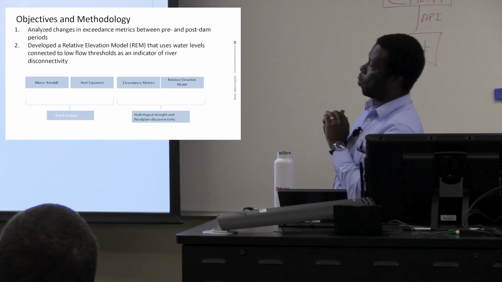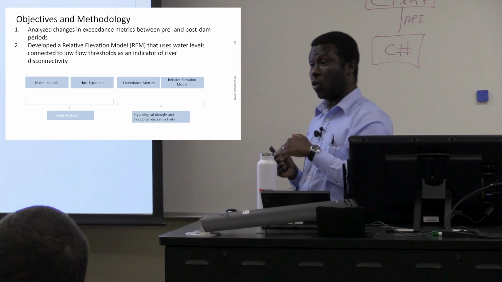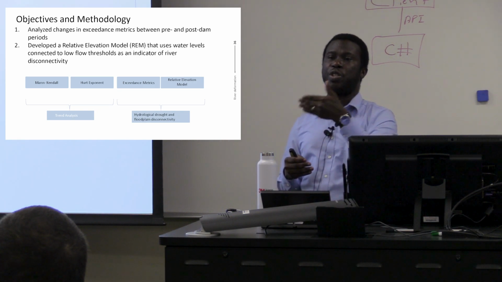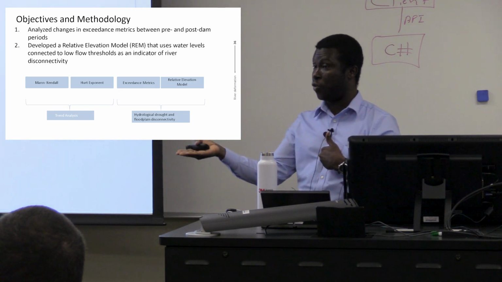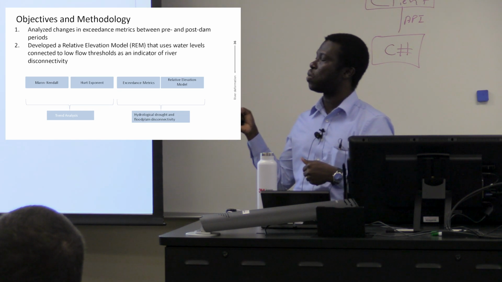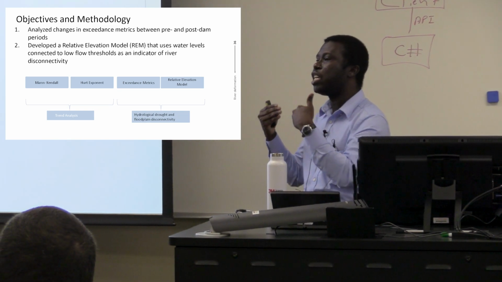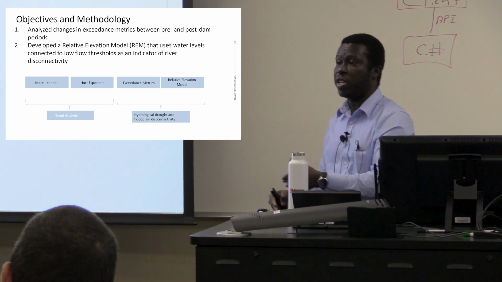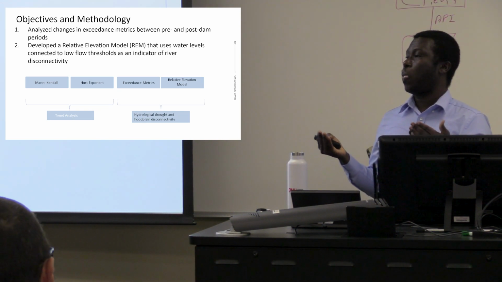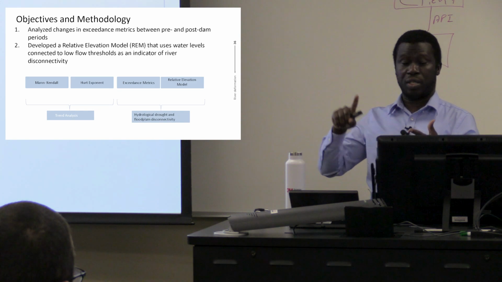Hydrological drought, as I said, is the lowering of water level within a river channel. Most of the time, when you read through the literature, they say it is because of lack of rainfall or reduced rainfall. But in this instance, we are looking at hydrological drought with regards to human-induced low flow. That means low flows that are caused by human activities. I've explained earlier, dams can cause low flow, dredging.